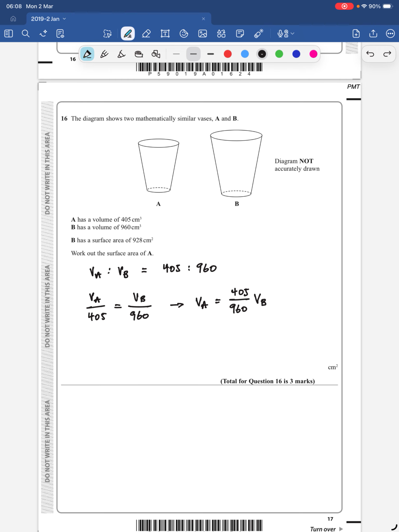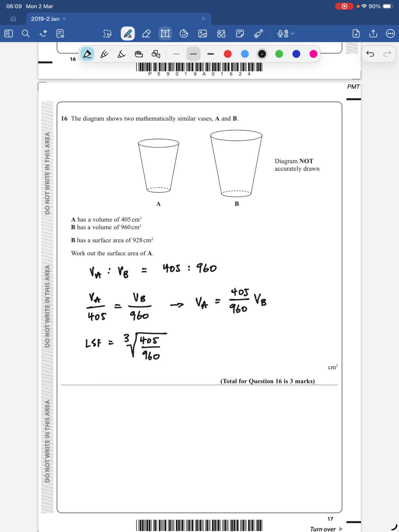You could put it in a big cube root sign, so the linear scale factor is equal to the cube root of 405 over 960, and that's perfectly correct.